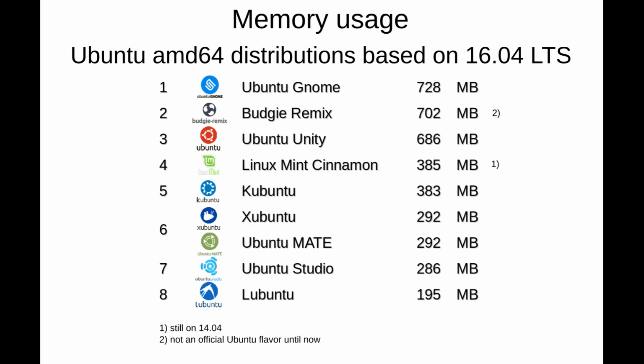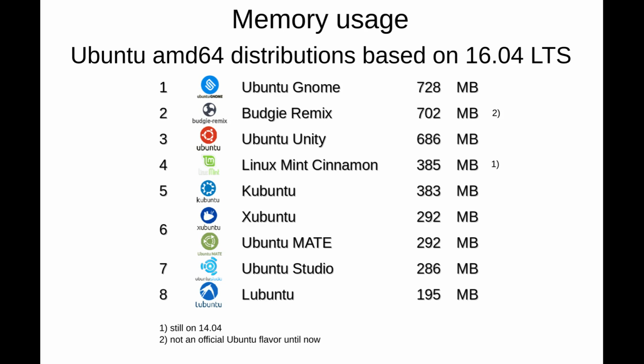But what does this mean in real life? A browser like Firefox or Chromium with 2 tabs open, Facebook and Twitter, is using around 1 gig of RAM. So if you have an old computer or a low-powered netbook with only 2 GB RAM, you should at the maximum use Linux Mint Cinnamon.